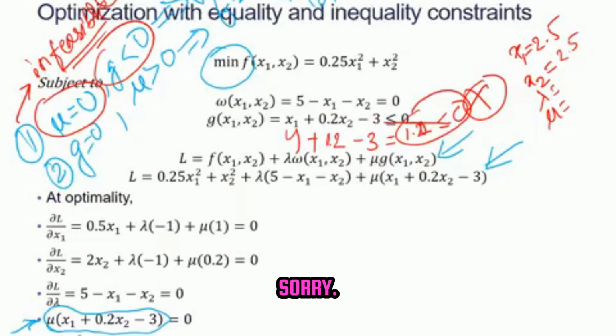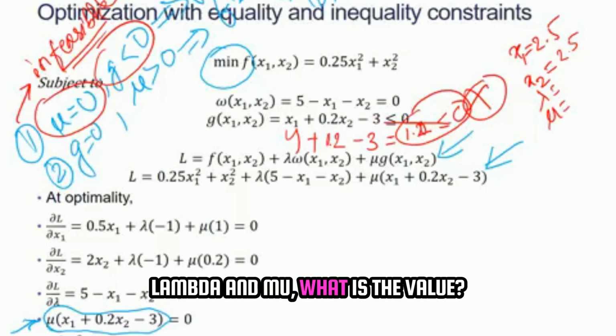Lambda is 0.85. Anyone else? Lambda and mu, what is the value?